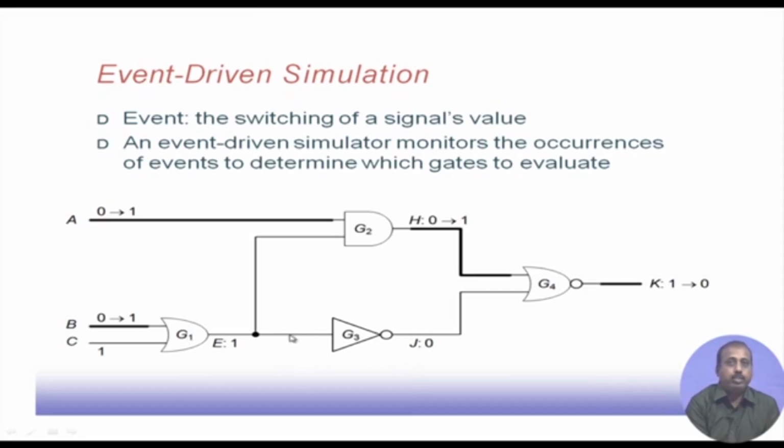This is a very small circuit, so a very small portion can be left out, but if we have more complex circuits, then naturally we may be able to get rid of a larger portion of the circuitry from simulation. That is the event driven simulation. It is often used to speed up the simulation process because we do not need to simulate every gate in the circuit.